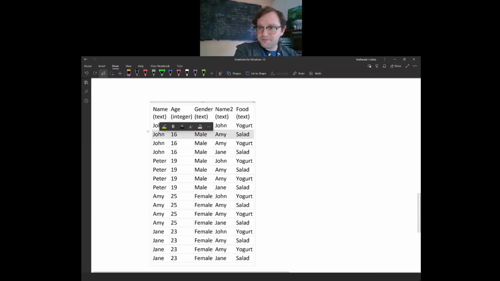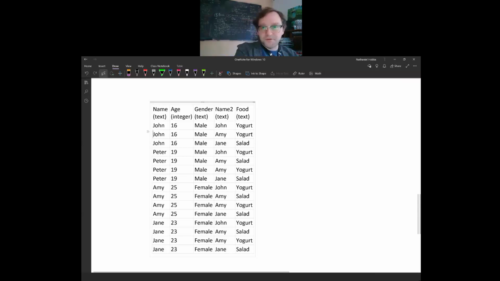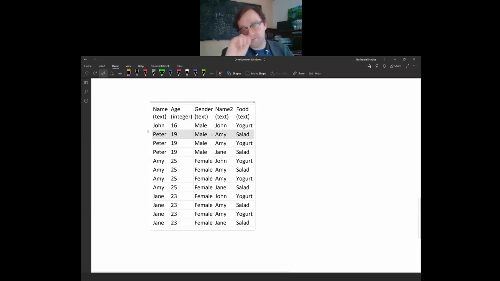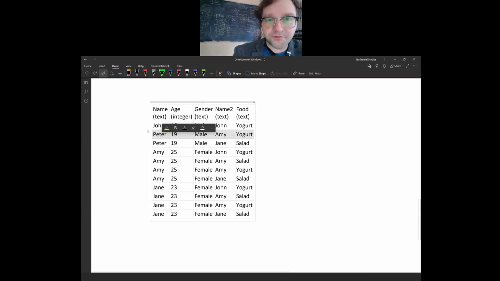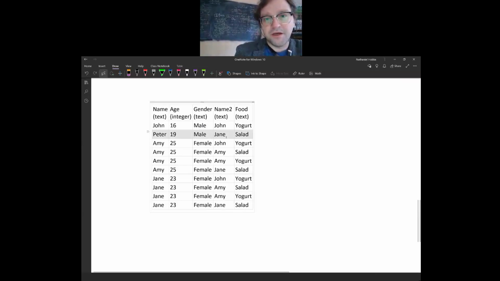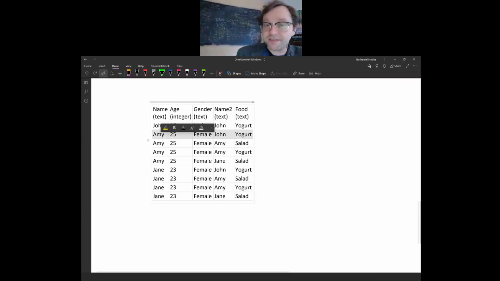So this row will get eliminated from the select because these names don't match. This row will also get eliminated because the names don't match. This row, because the names don't match. This row gets deleted, here too, names don't match.